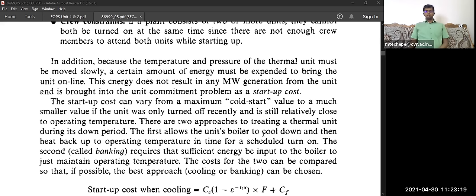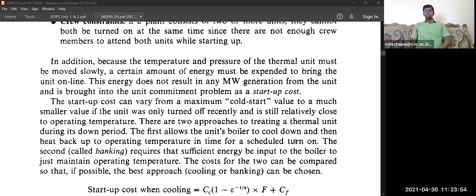After 4 hours or so, when it is to start up again, some temperature might still be there in the water, so they can easily heat it back to the operating temperature in time for the scheduled turn on.